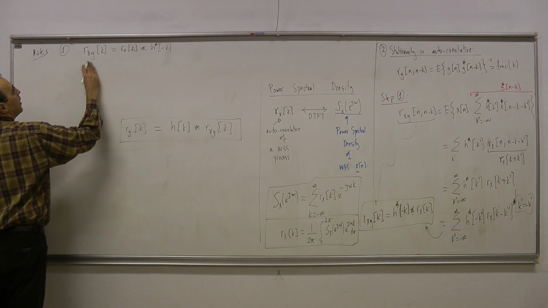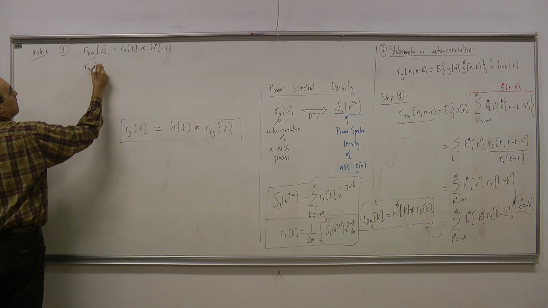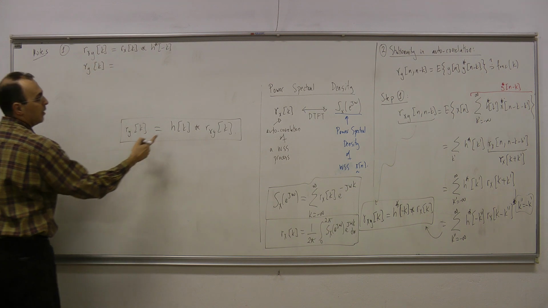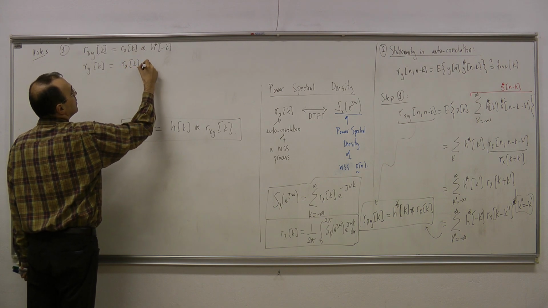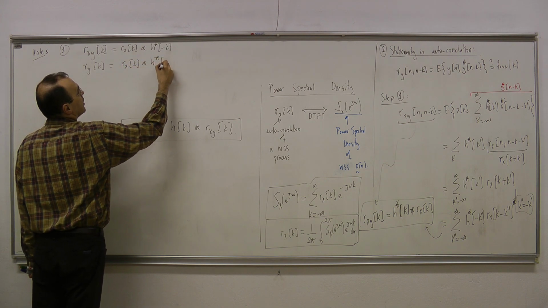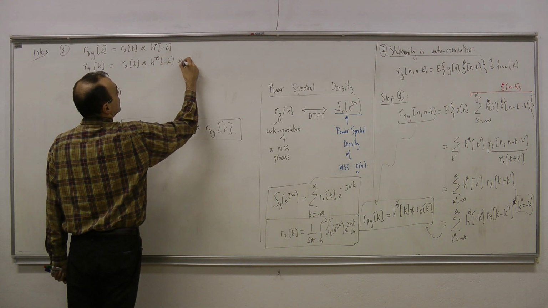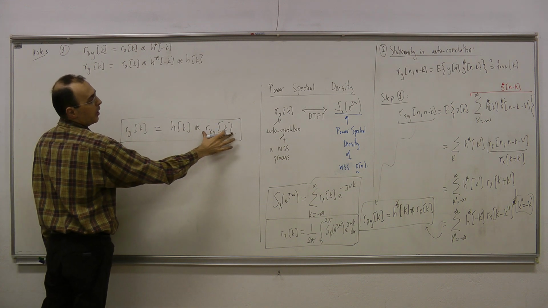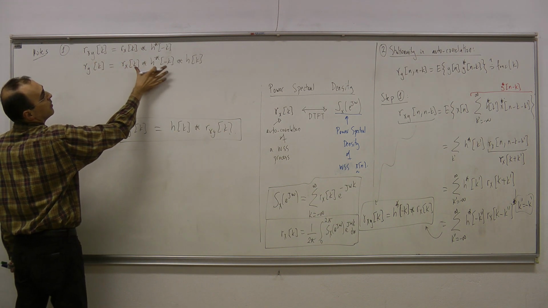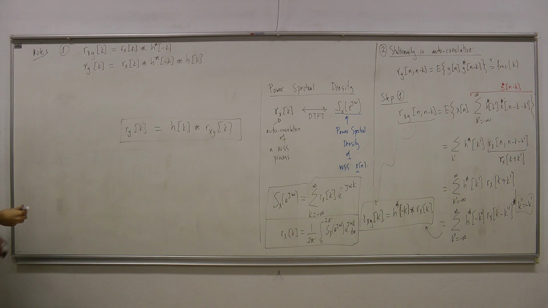Well, this is the same, Ry of k. Now h of k, but I want to write it like this: h of k convolved with Ry of k. So Ry of k is this, convolved with h of k.